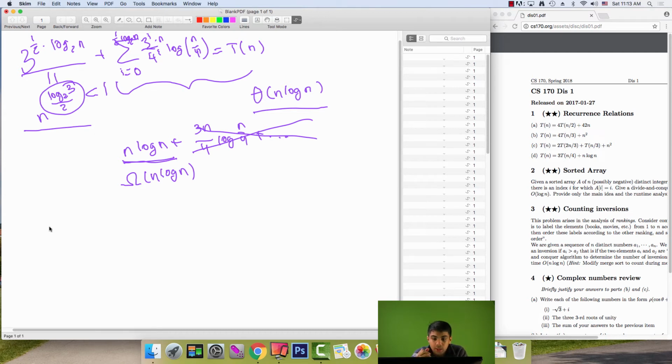A good way to do that is just to note that log is a strictly increasing function, which means that if whatever you put into the log function is larger, whatever the log function evaluates to will correspondingly be larger. And so what that tells us is that log of n over 4 to the power of I is going to be less than or equal to log of n. So now we have our summation.